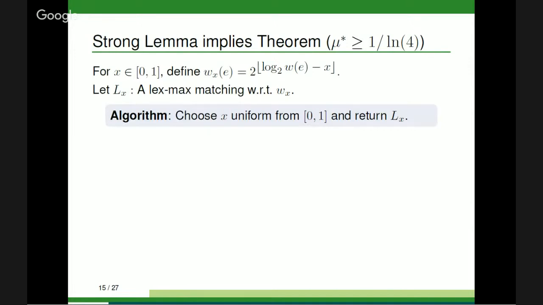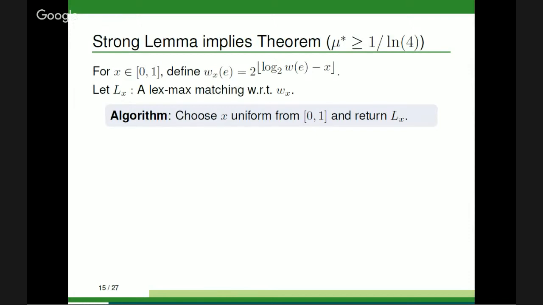The algorithm is very simple. Just select a number x in [0, 1] uniformly at random. And with that number, define this modified weight function, which is 2 raised to the floor of the logarithm of the weight minus x. It's very hard to parse, so let me mention what it is. If x is 0, you're rounding every weight to the power of 2 immediately below it.